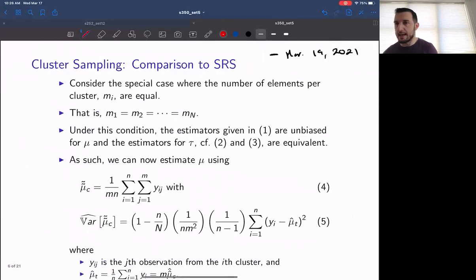Okay, so today, what we're going to do is talk about the comparison between the cluster sampling estimates and the simple random sampling estimates. We're going to show how, through a special case of cluster sampling, we can derive an estimate for the variance of simple random sampling and use that to compute the relative efficiency of the cluster sampling approach to the simple random sampling approach.